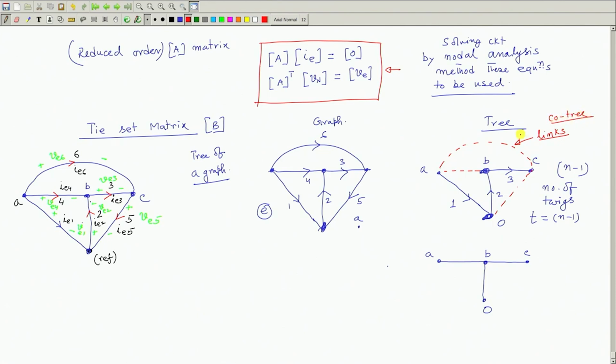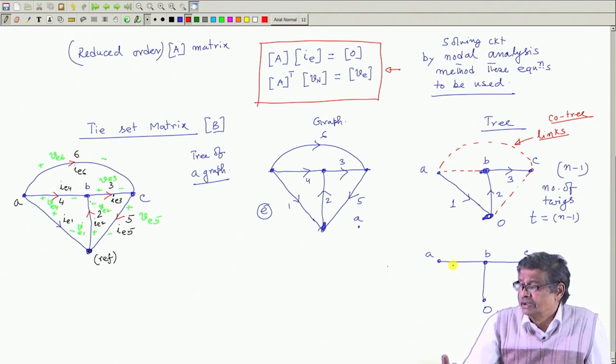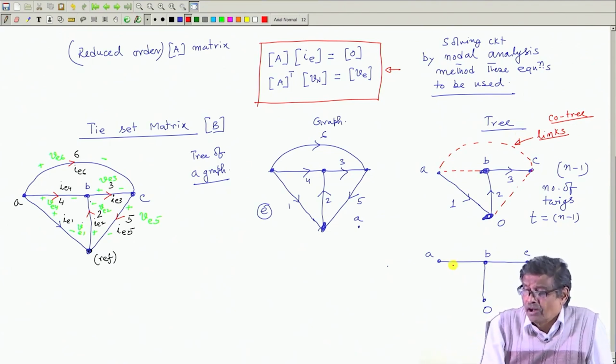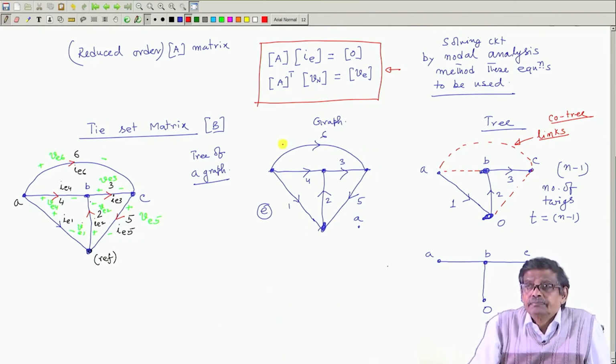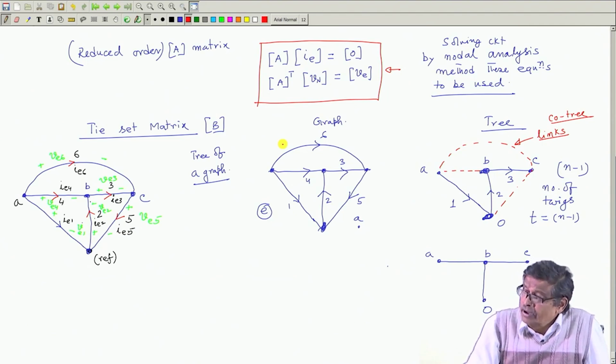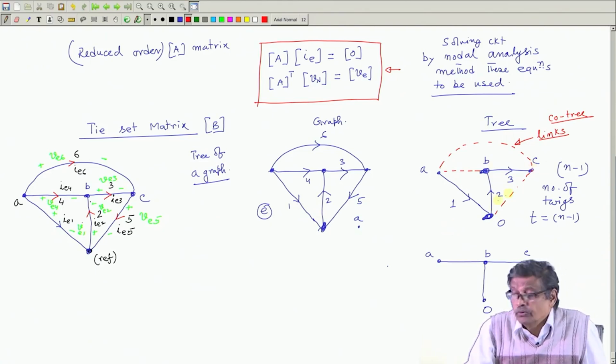These are some definitions with which you will be very familiar soon after you practice a little bit. So, the graph was a full thing, a directed graph, showing all the elements. Now, I am telling you a tree is a collection of these edges showing all the nodes in such a way that they should not form a loop, that is the blue one only.